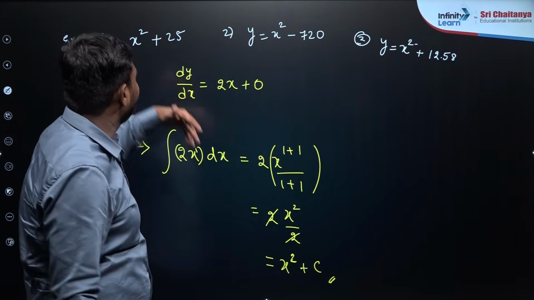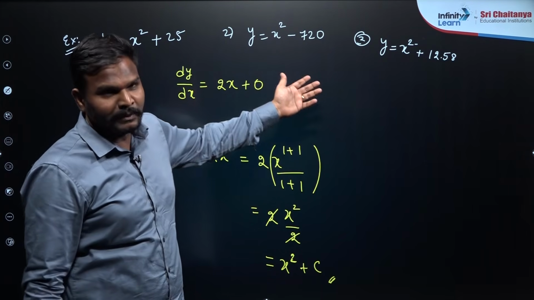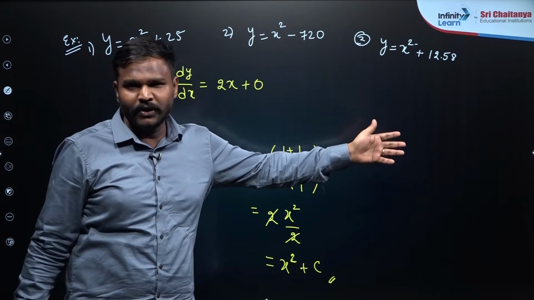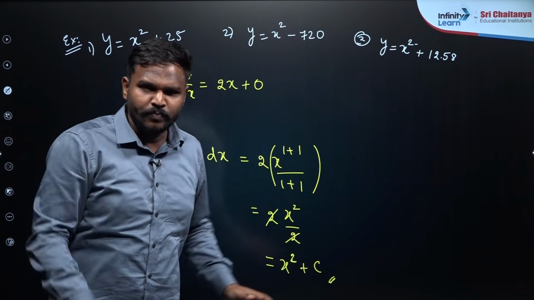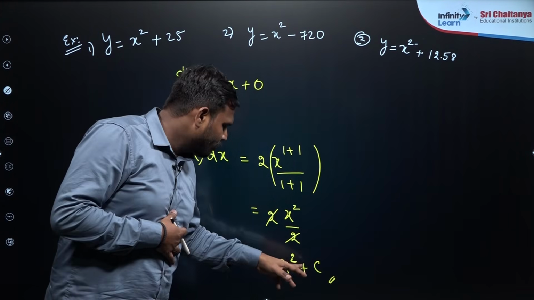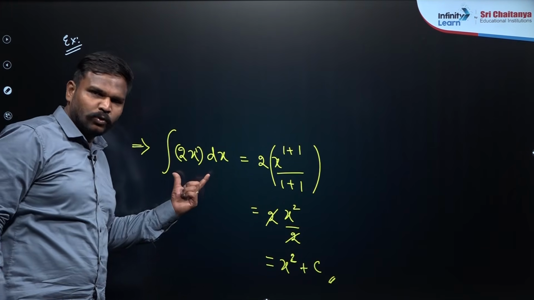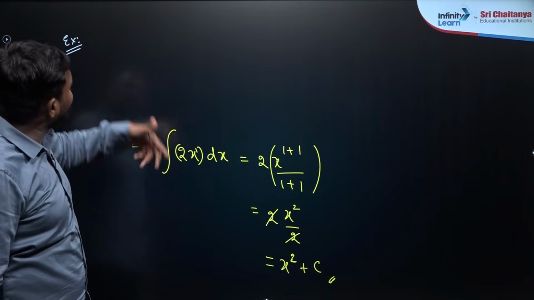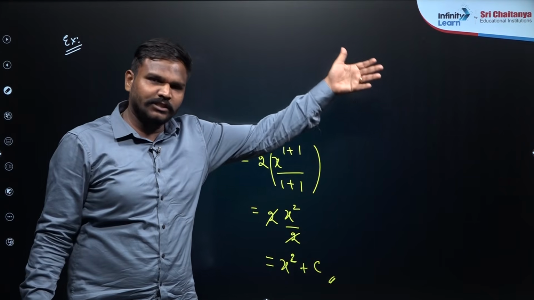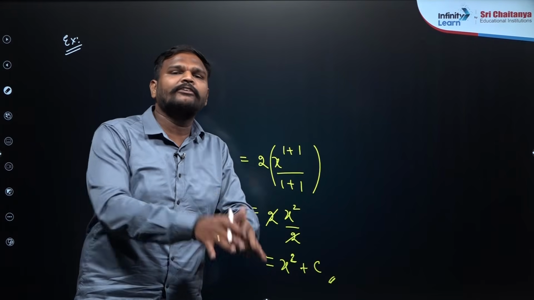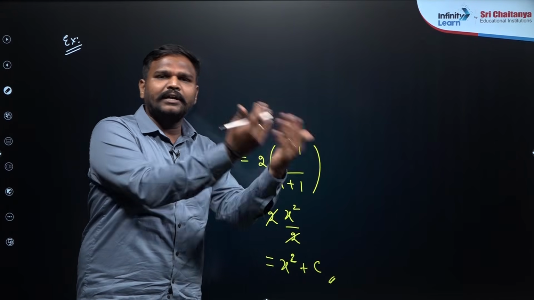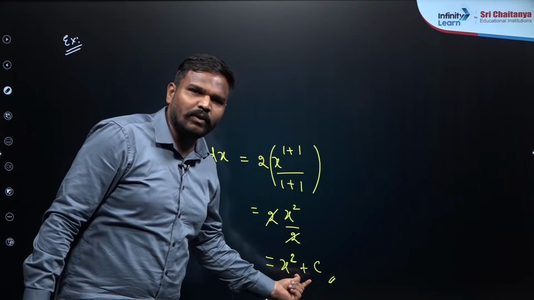Now that c can be 25, that c can be minus 720, that c can be 12.5, that c can be 0 also. We don't know, because maybe there was a constant. When this question came to us, maybe there was a constant which might have become 0 after differentiation. We can't retrieve the information, so we are writing what, sir?